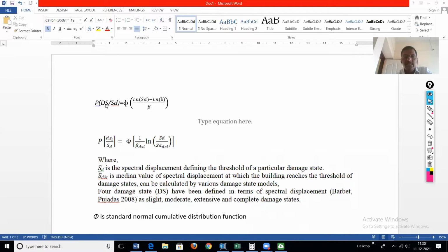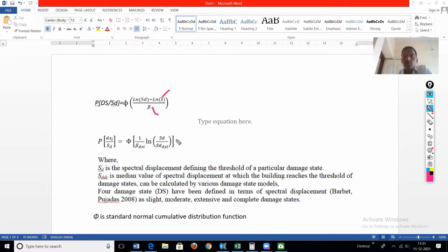The probability of a damage state for a given spectral displacement is equal to phi, the standard normal cumulative distribution function, phi of the bracket: ln, the natural logarithm of SD, minus ln of lambda, divided by beta. Lambda is the median value, which we have just calculated, and the beta value we have referred directly from Hazus.